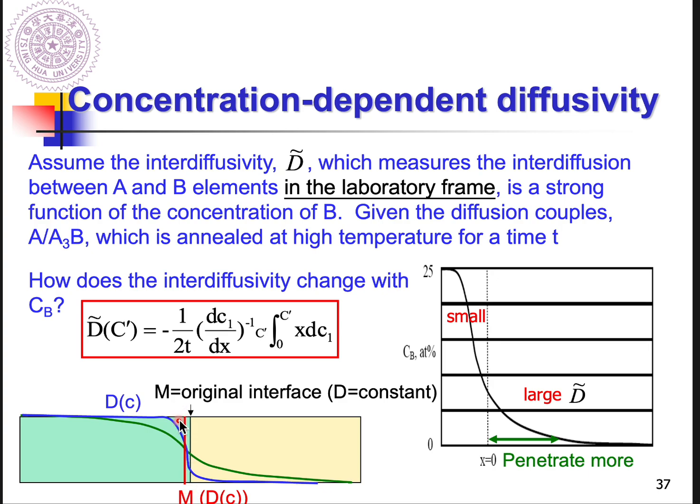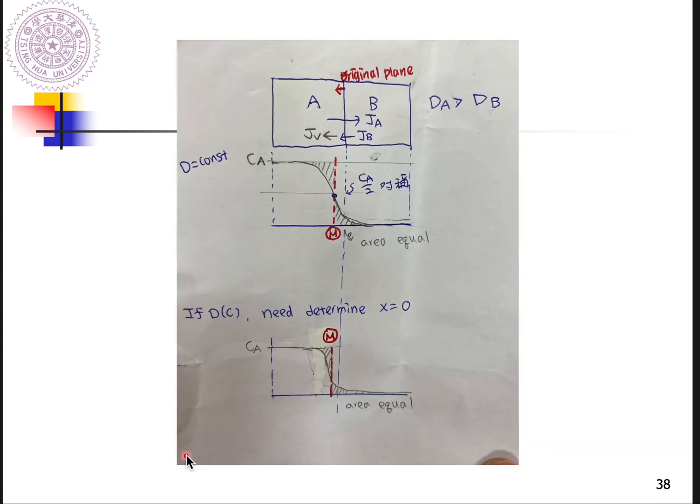And this Matano interface is not the original interface anymore, because diffusivity changes with concentration. Okay, so in order to make it clearer, I draw the AB diffusion couple, and this is the original plane.